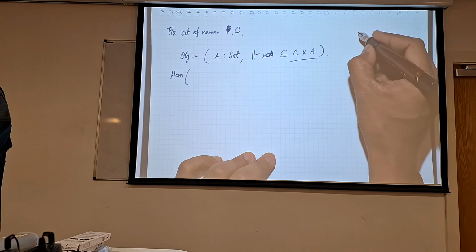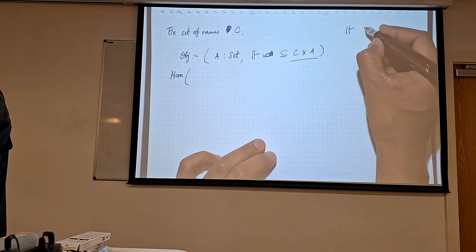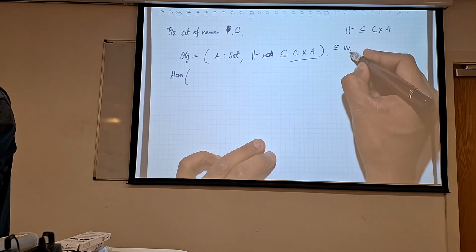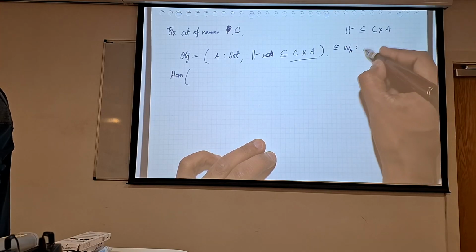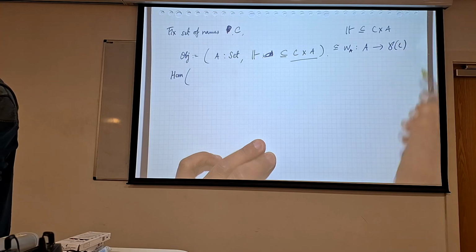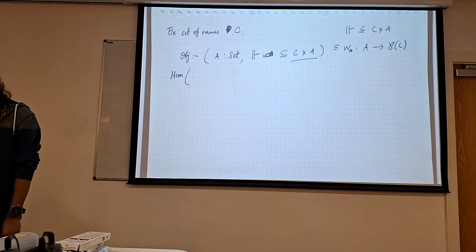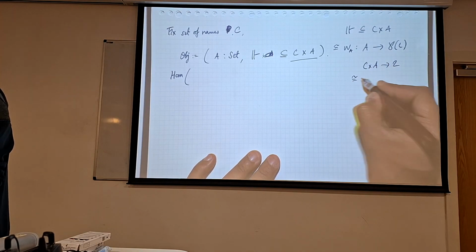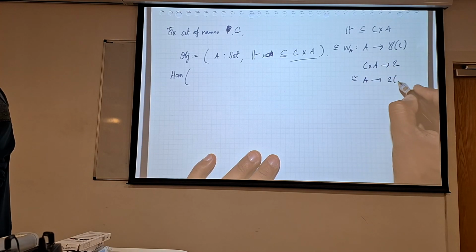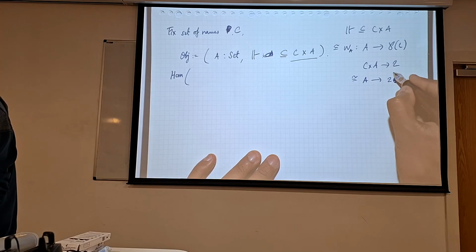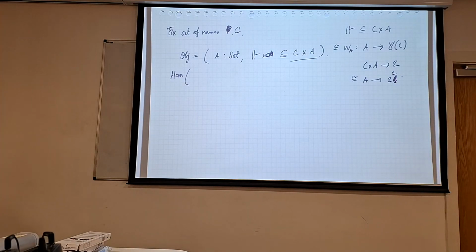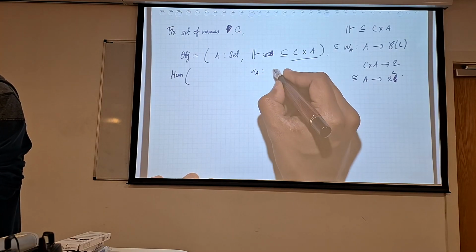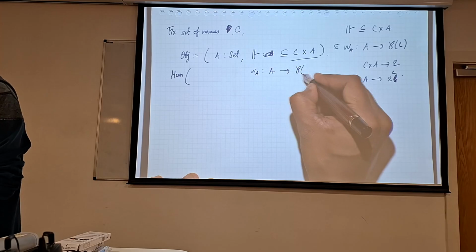So I'll turn this Kripke relation into a function from A to power set of C, because C times A to 2 is the same as A to 2 to the C. Power sets are functions into the booleans. I turn them into these functions, and I will write it like this.